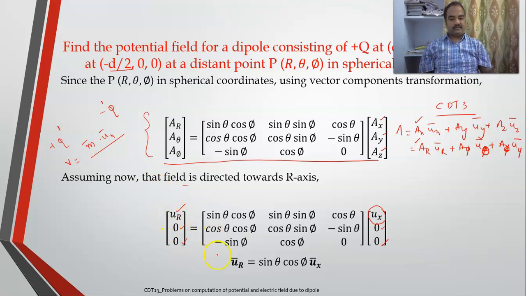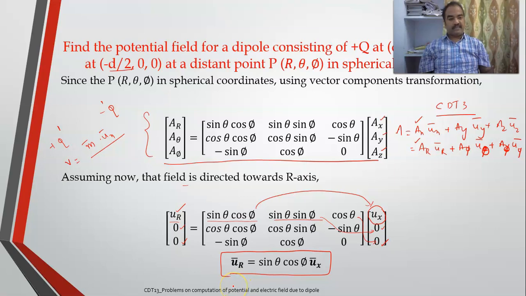If I substitute them, what is my equation now? ur is equal to sine theta cos phi into ux bar, plus the other terms, and the rest are all 0. So this is my expression: ur bar is equal to sine theta cos phi into ux bar.